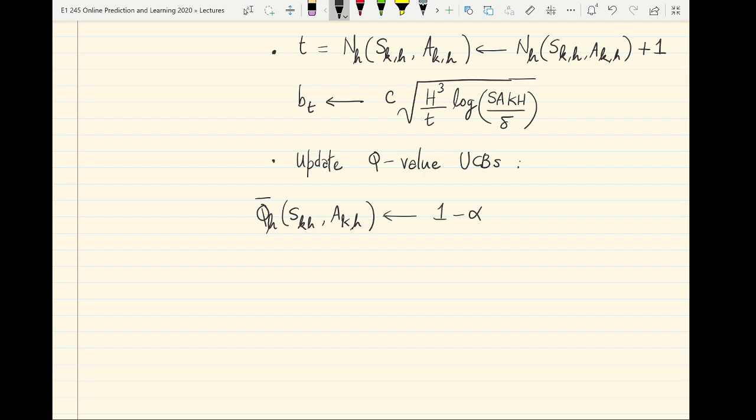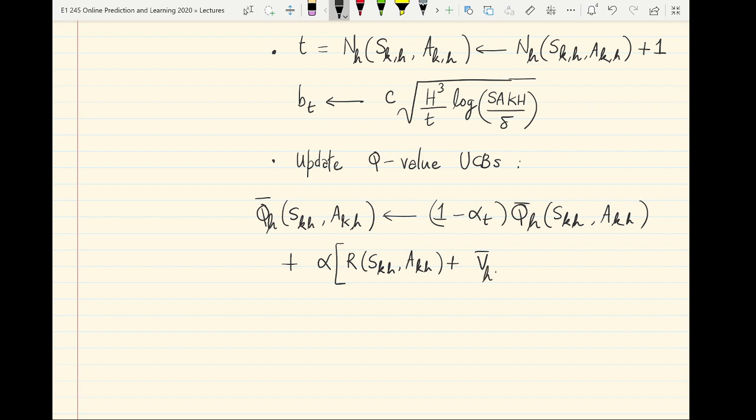So it's as usual 1 minus a step size times the existing value, plus alpha times the update, plus V bar h plus 1 at s_k^(h+1), except that there is the addition of this optimism bonus, this optimism or uncertainty bonus B_t added here.